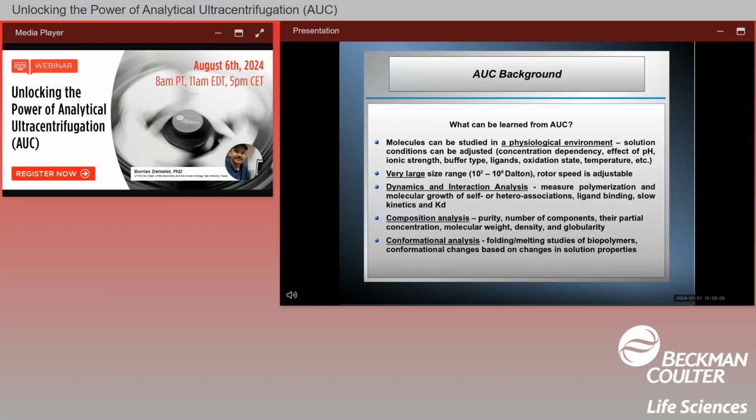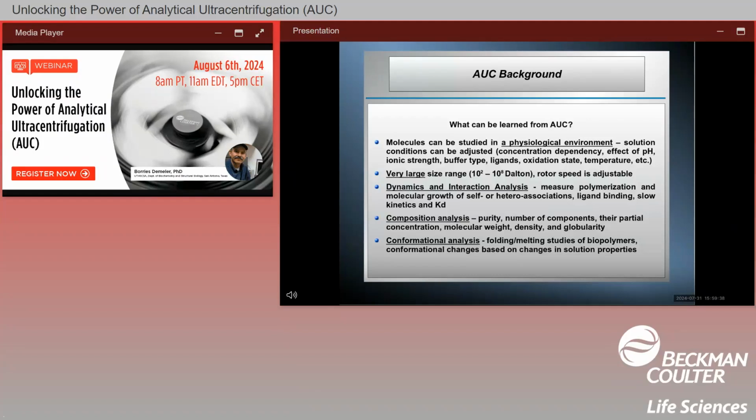But we can go up to 10 to the 8th Daltons, which would be molecules as large as chromatin assemblies, as well as viral particles and large nanoparticles that are based on metals and are very dense. And the way we can achieve this dynamic range is by modulating the rotor speed.